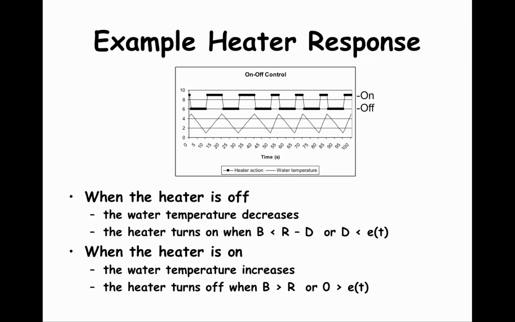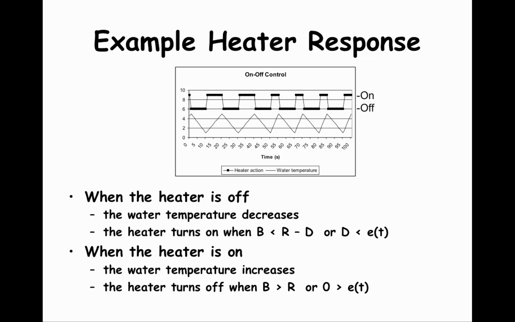When the heater is off, the water temperature will decrease gradually to be smaller than the required value R. Here is the example heater response. However, the heater won't turn on immediately when water temperature drops because of the deadband application.